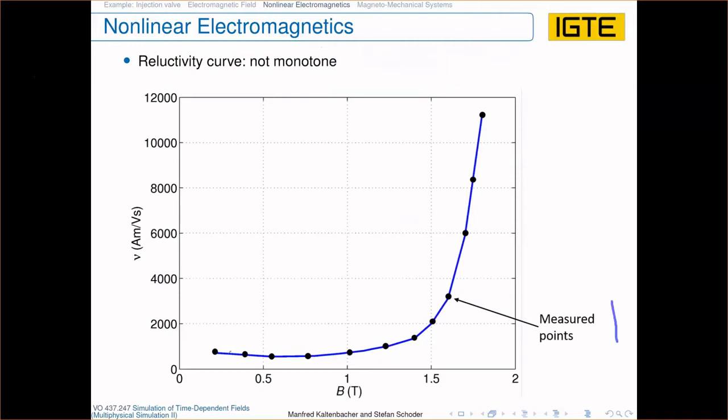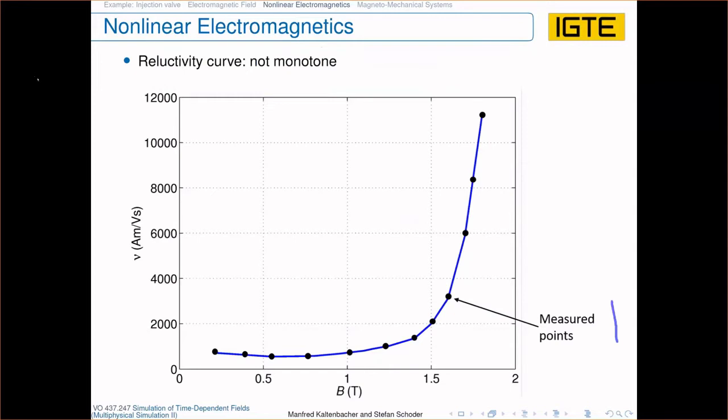Also, if you look at the different values, you see strong differences at low and very high magnetic flux densities. For example, in iron, we have a saturation at about 2.2, 2.3, perhaps up to 2.5 Tesla, where more or less no further increase concerning the magnetization is possible, and the further increase is then just by the slope of the permeability or reluctivity according to the value of vacuum.